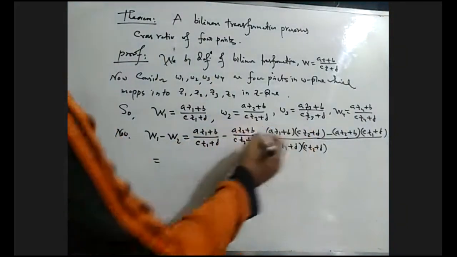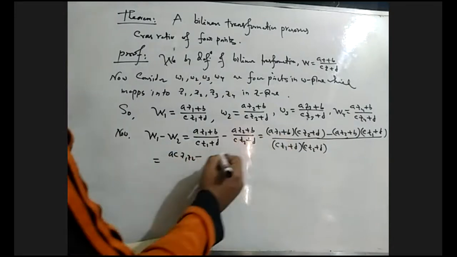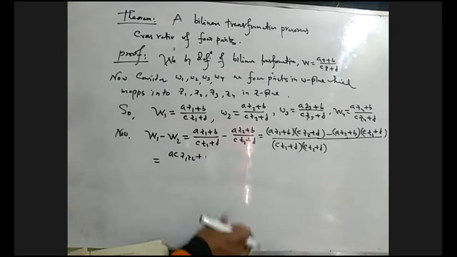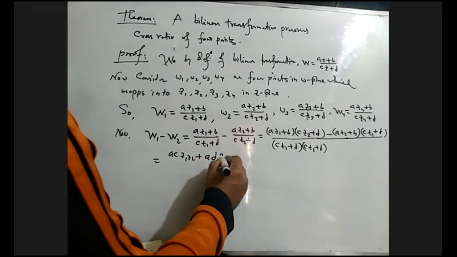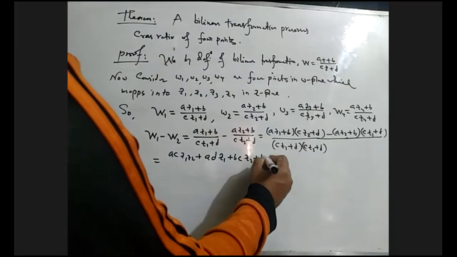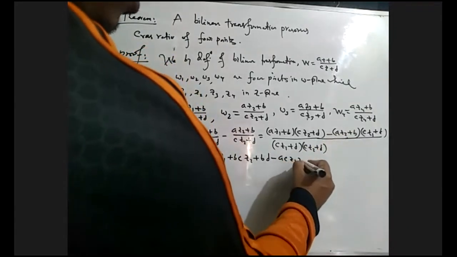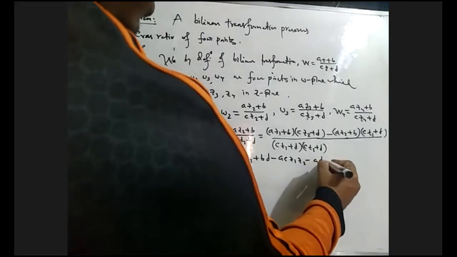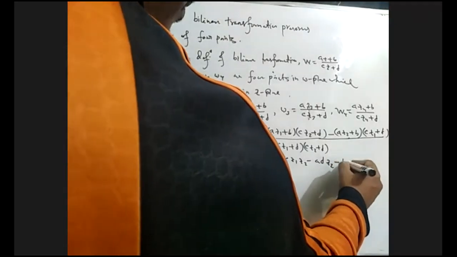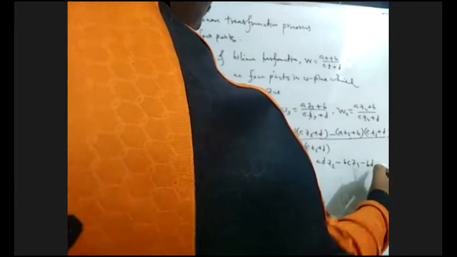This equals AC Z1 Z2 plus AD Z1 plus BC Z2 plus BD minus AC Z1 Z2 minus AD Z2 minus BC Z1 minus BD.